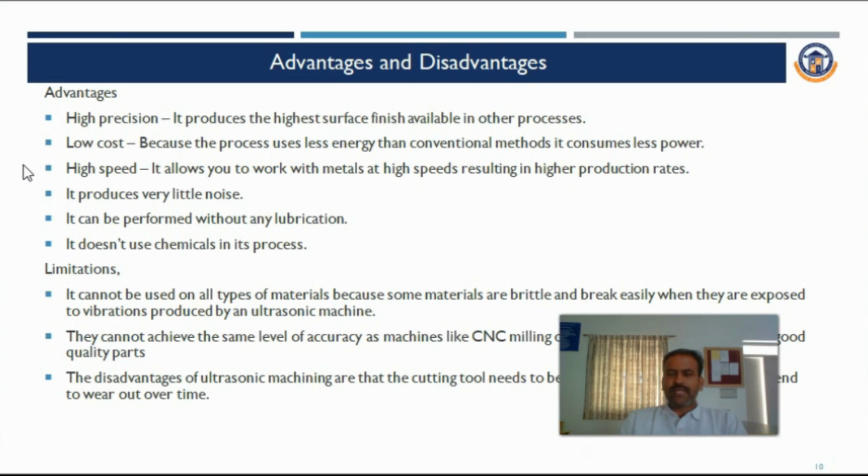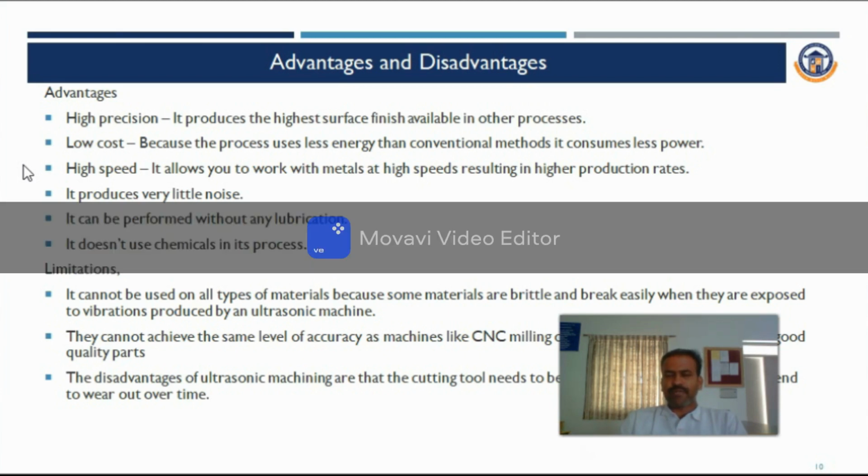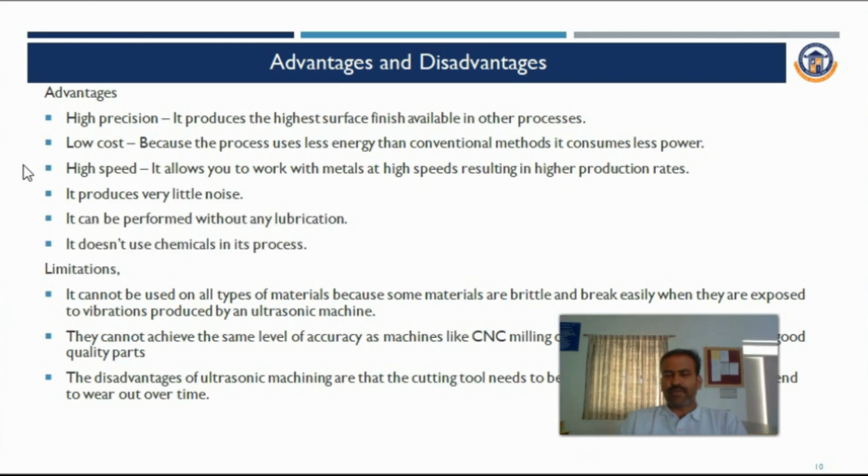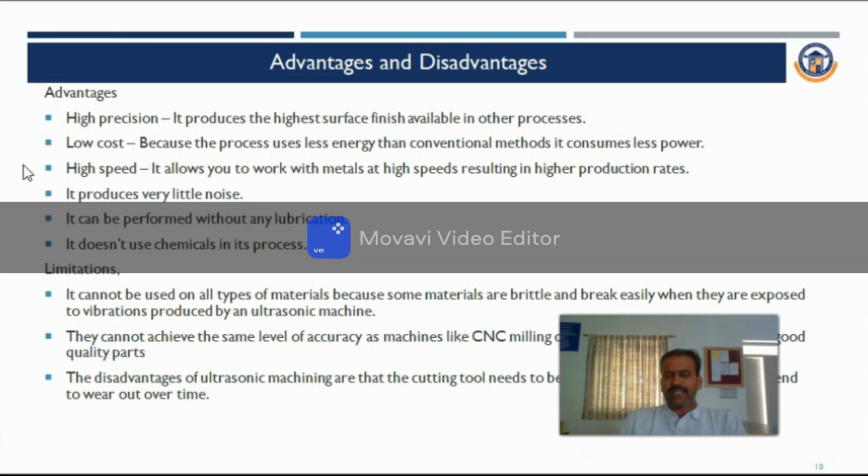So what are the limitations of using the ultrasonic machining process? It cannot be used on all types of materials because some materials are brittle and break easily when they are exposed to vibrations. The vibration involves a high heating operation. If you apply high force to the workpiece, it easily breaks.